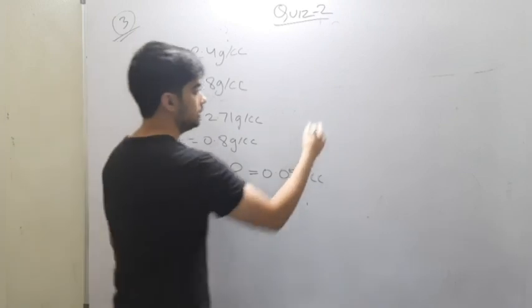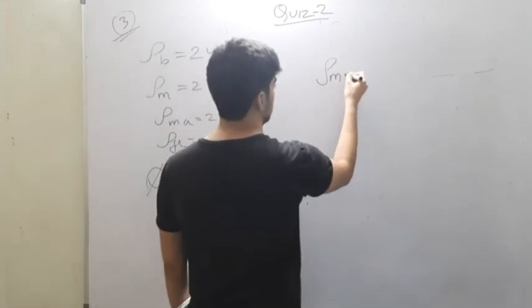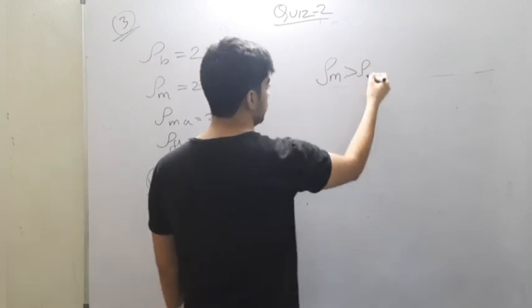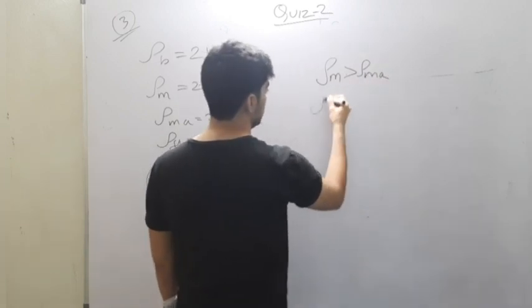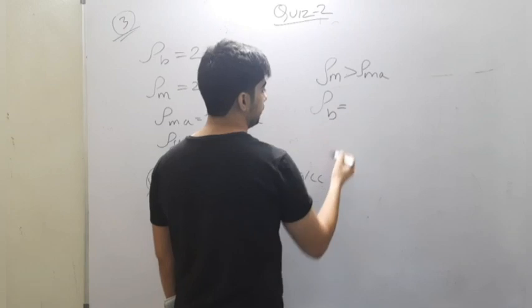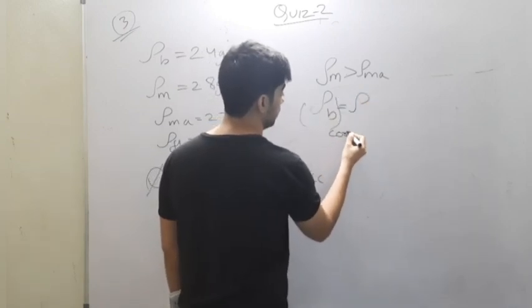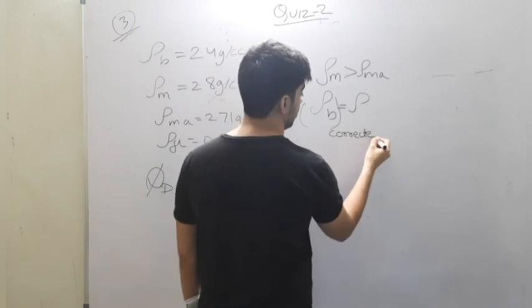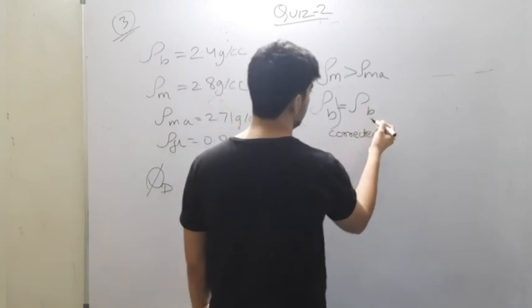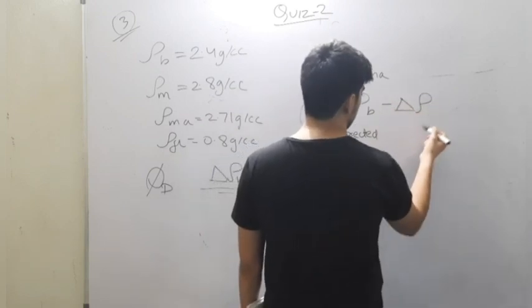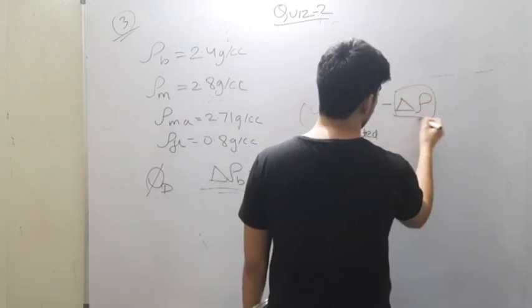So if the density of mud is greater than the density of the matrix, then corrected rho b will be equal to rho b minus the correction value.